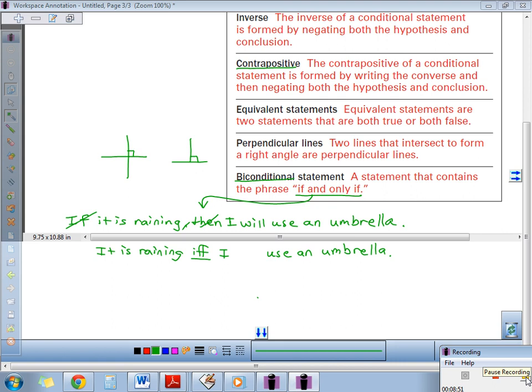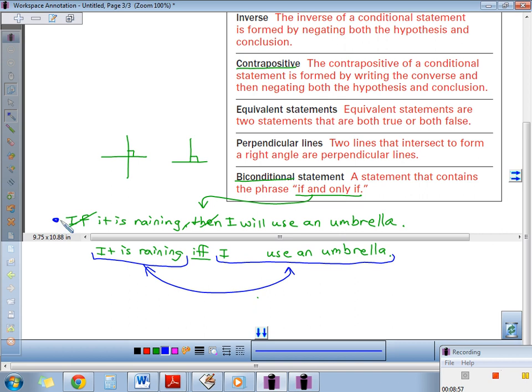The neat thing about a biconditional statement is you can change the order a little bit. I could also take this piece and switch it with this piece, as long as I keep that if and only if in the middle. The way you'll see it on a test is I'll give you a conditional statement like this first sentence, and I'll say write it as a biconditional statement.